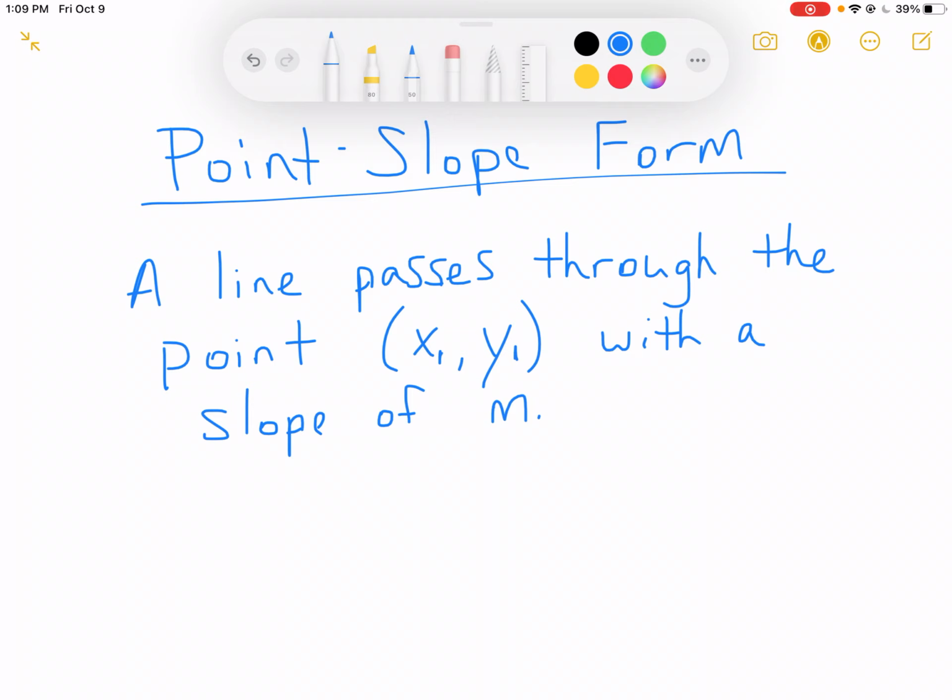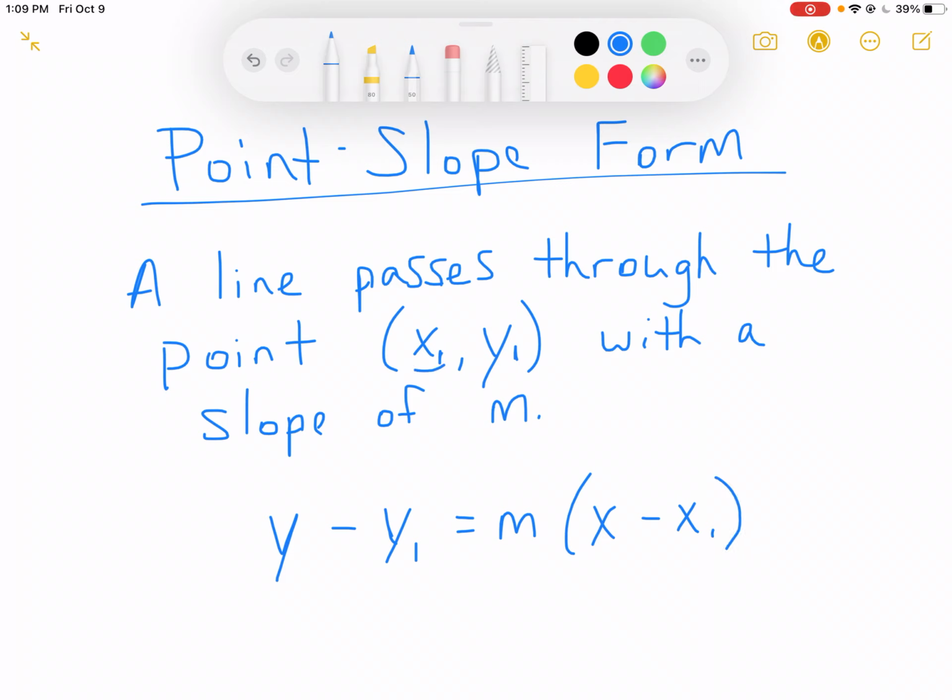So the equation then is y, that'll always stay y, minus the y1, so whatever this number is goes there, equals whatever your slope is, times x minus x1.